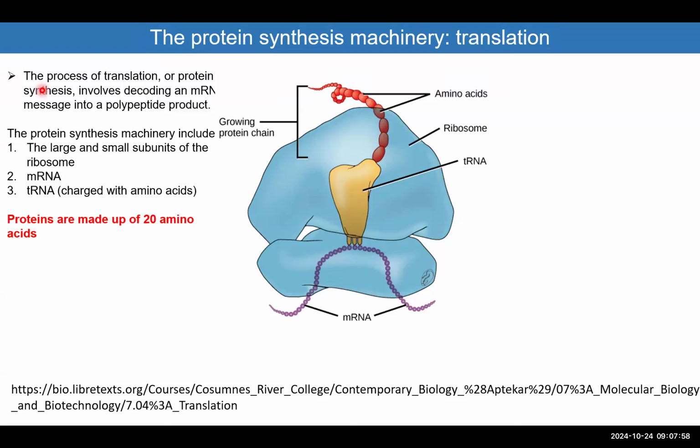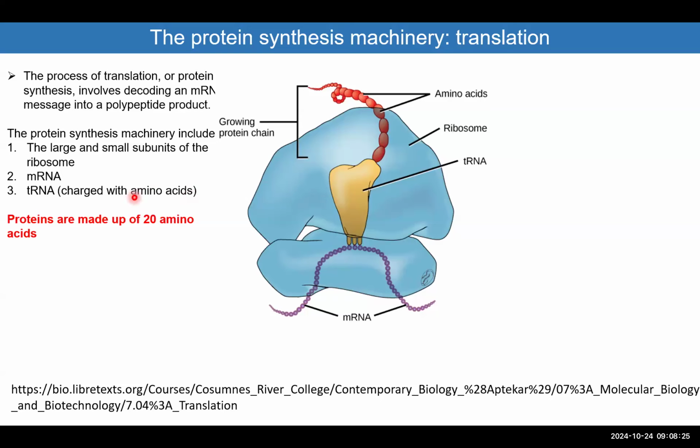The process of synthesis with the machinery includes first the large and the small subunits of the ribosomes. These are normally not together. When the process of translation starts, they assemble together. We would need the messenger RNA and then the transfer RNA charged with amino acids.